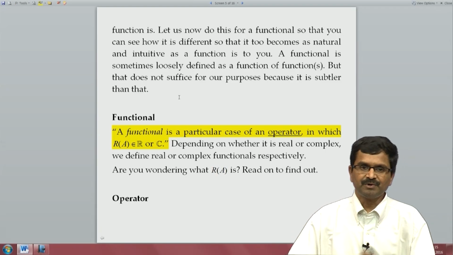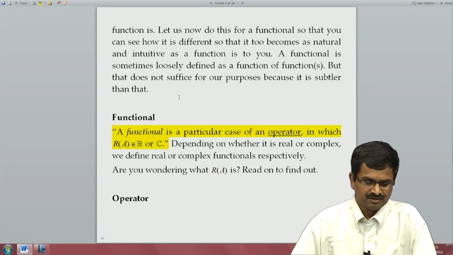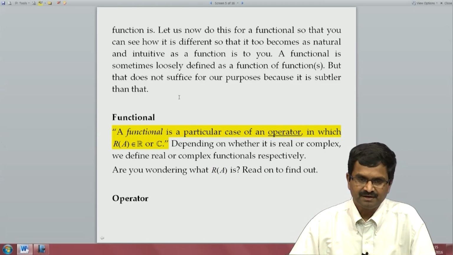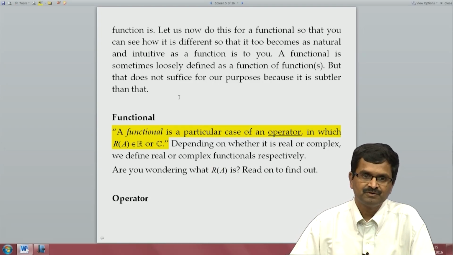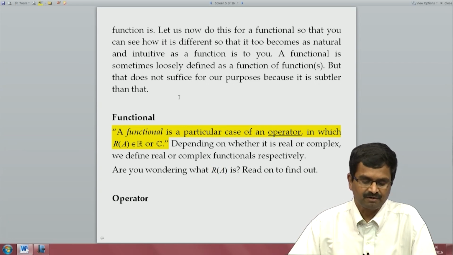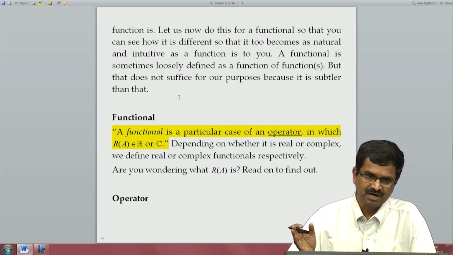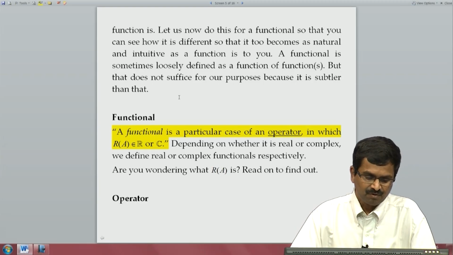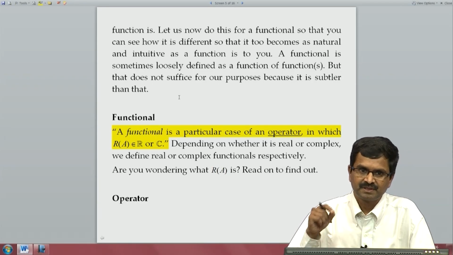Now, we come to the definition of a functional. So, a functional is a particular case of an operator in which the range of the domain that you have belongs to the real or complex numbers. Let us not worry about complex numbers now, just focus on real numbers. What it says is that a functional is simply an operator that assigns a real value to every function.